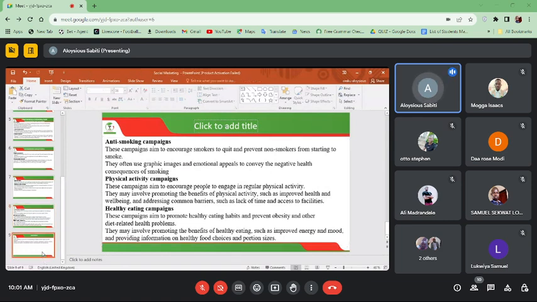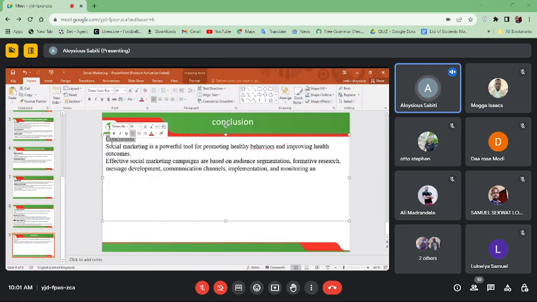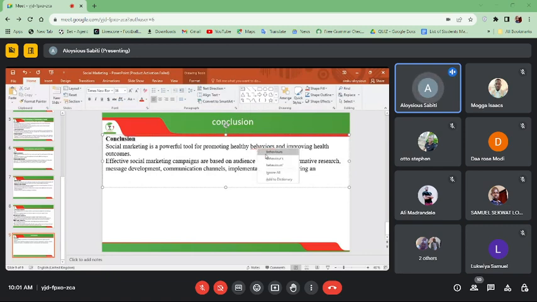And in conclusion, to this particular issue, social marketing is a powerful tool for promoting healthy behaviors and improving health outcomes. Effective social marketing campaigns are based on audience segmentation, formative research, message development, communication channel implementation, and monitoring and evaluation, as I earlier stated.